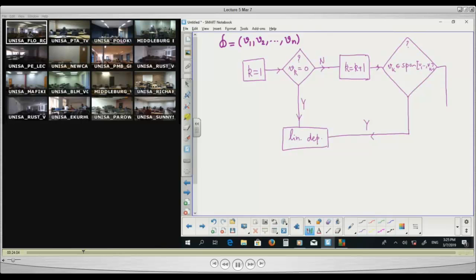If the answer is no, you go back here and you continue until you reach the end.